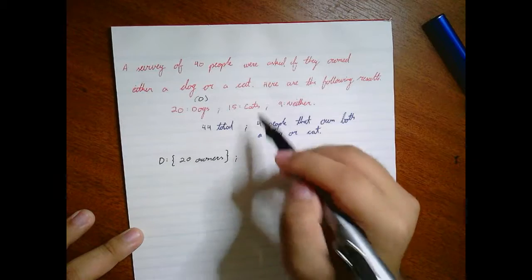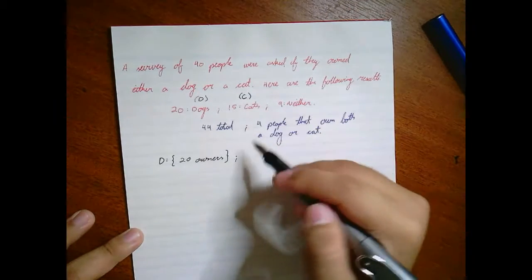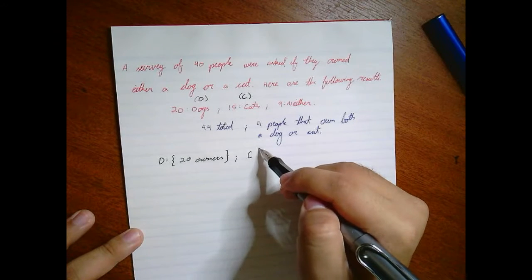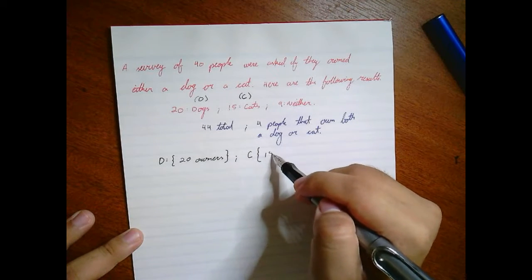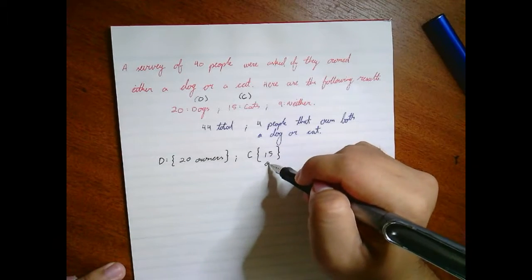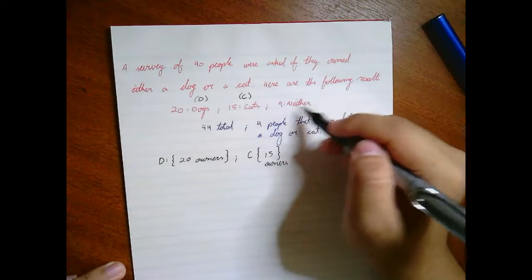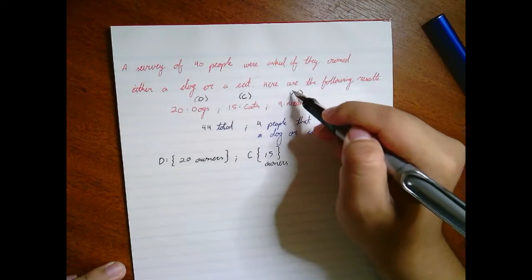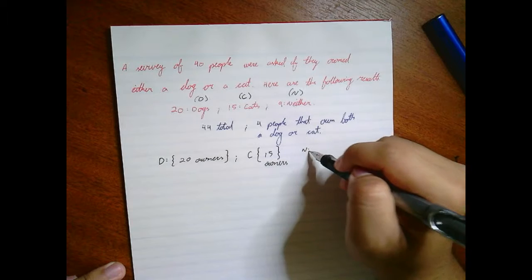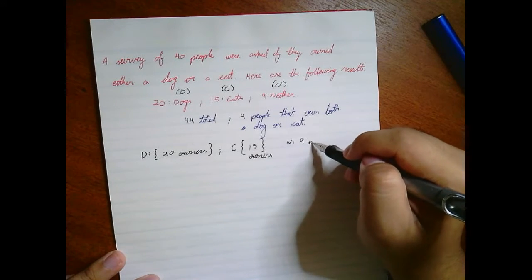And for the group of cats, we'll label it C. For cat owners, there are 15 cat owners. And N for neither, and there are 9 neither.